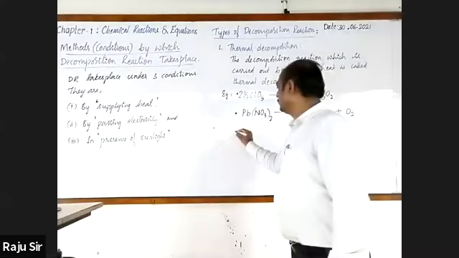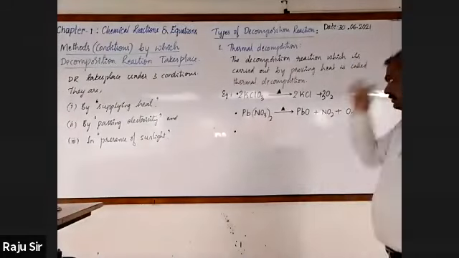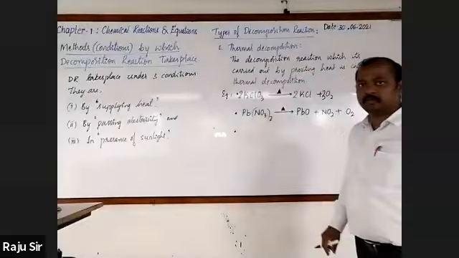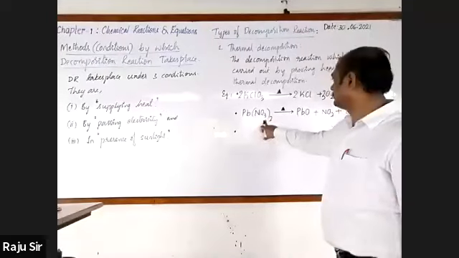Right? Then we balance. Balancing. Oxygen 6, 3 here. 2 Pb(NO3)2 gives 2 PbO plus 4 NO2 plus O2.